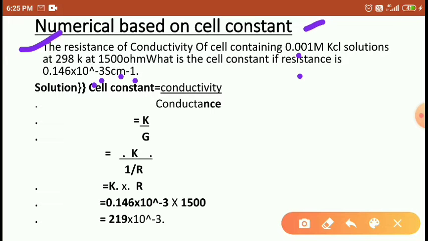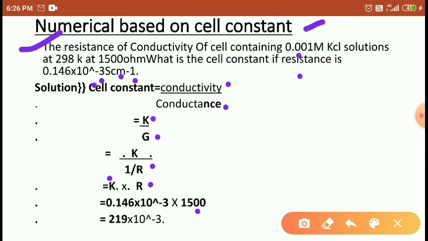Cell constant means the conductivity divided by the conductance. The conductivity is K and the conductance is G. Conductance is the inverse of resistance, that is 1 by R. So the cell constant is K into R. The K value is 0.146 into 10 to the power of minus 3, and the resistance is 1500 ohm.